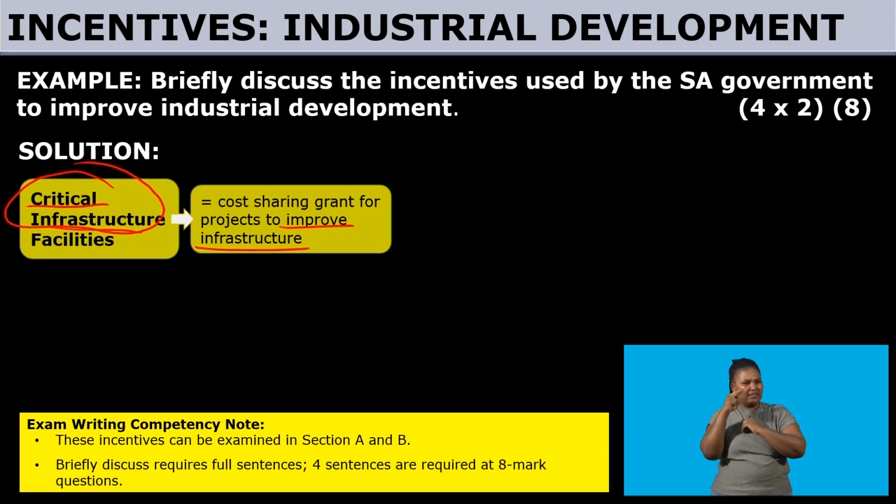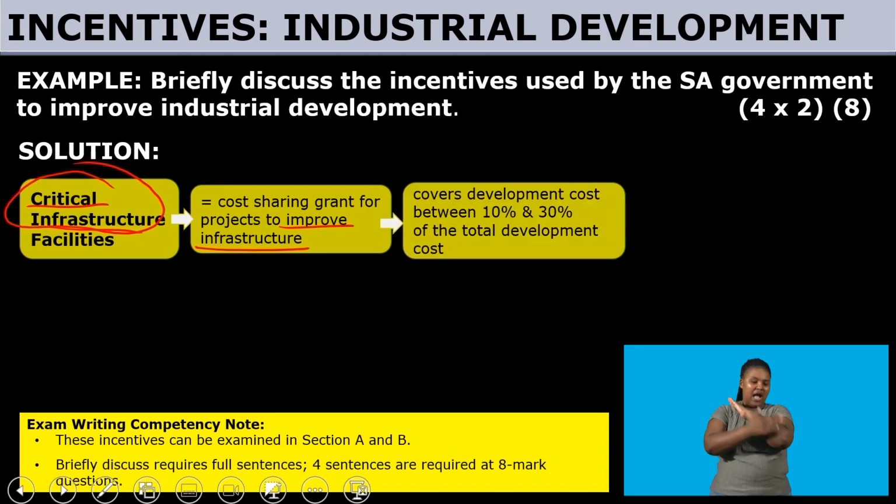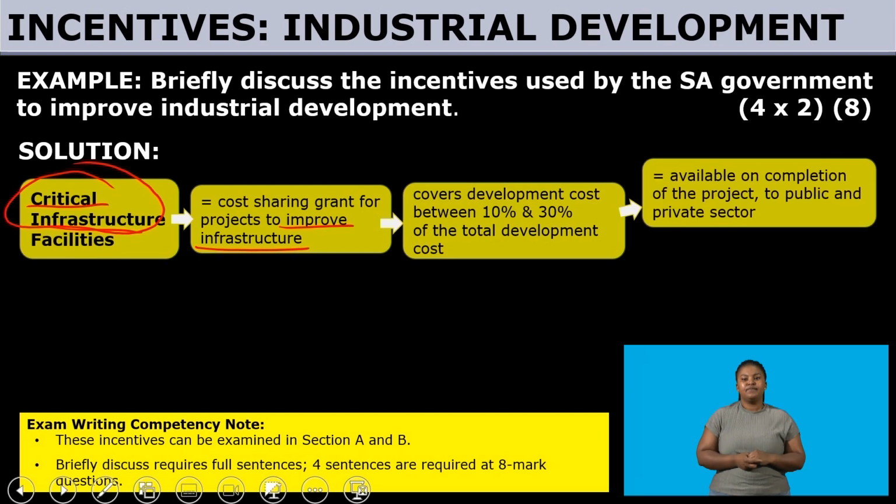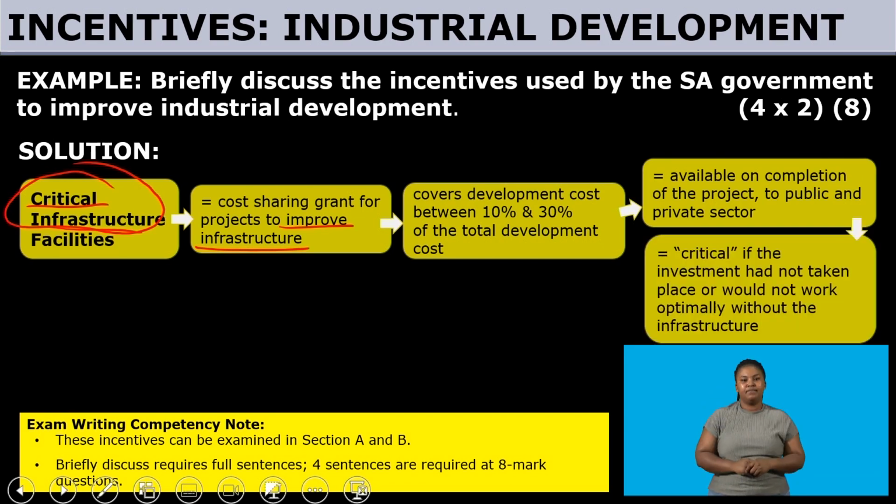So it is given by the government to such businesses that undertake projects that improve infrastructure in the country. And it covers development costs between 10% and 30% of the total development cost. It is available on completion of the project to the public as well as the private sector.